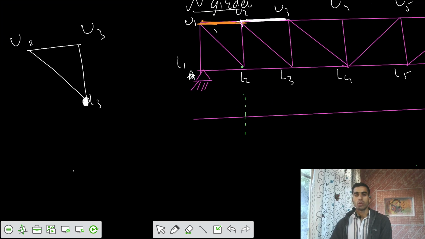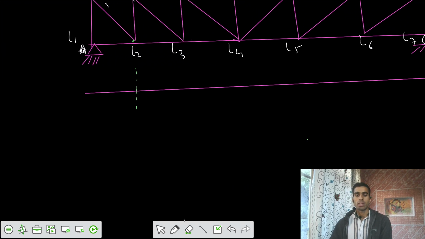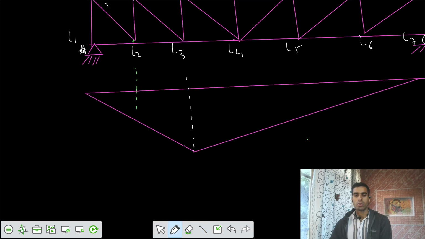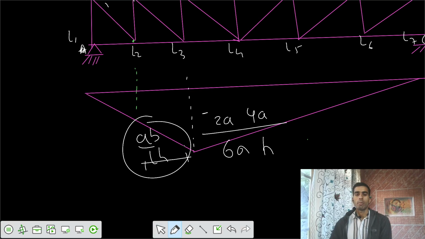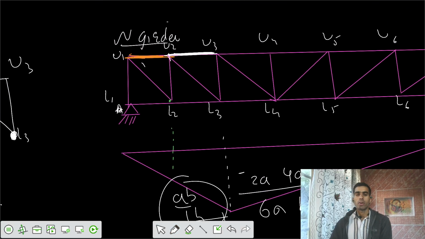Let's have that joint, U2, U3. The location is here, and we have only one critical location. That means you join them by a straight line. So this is your ILD. This value is 2A, and from the other side we have 4A divided by 6A, with the factor of H, AB by LH. This is the ILD for U2, U3.